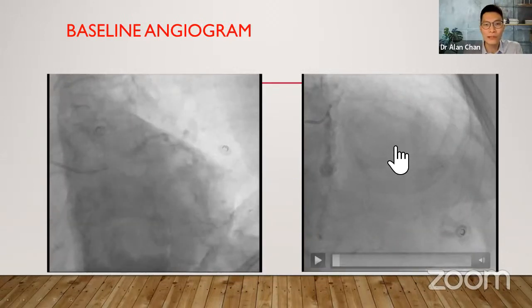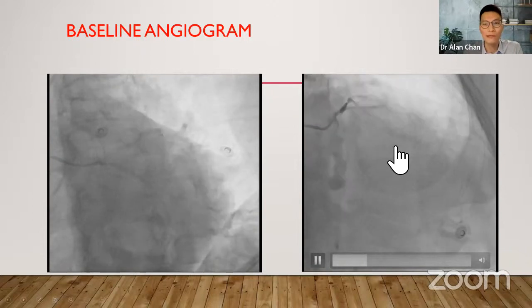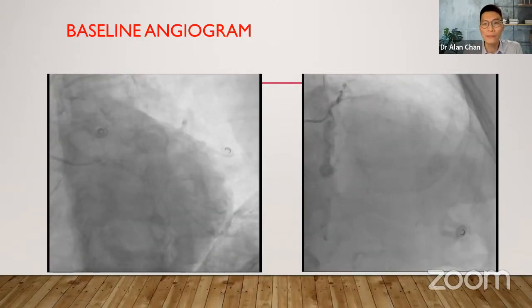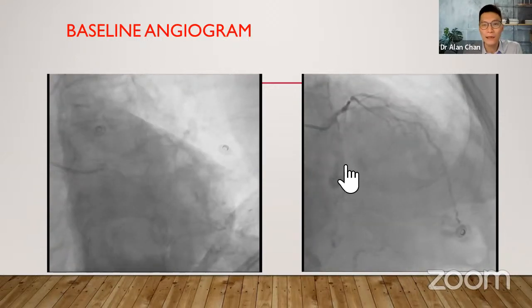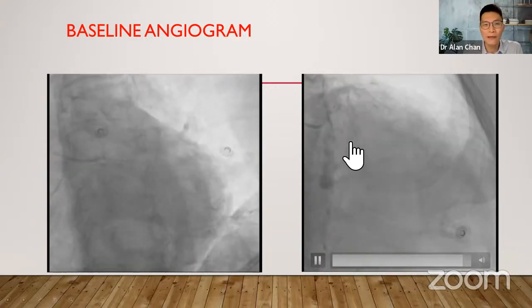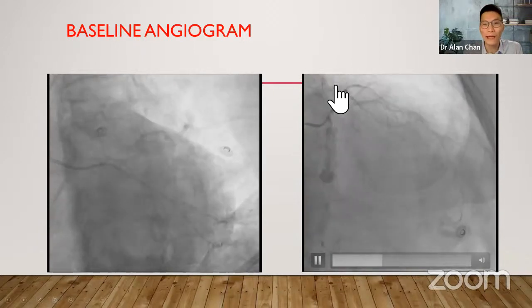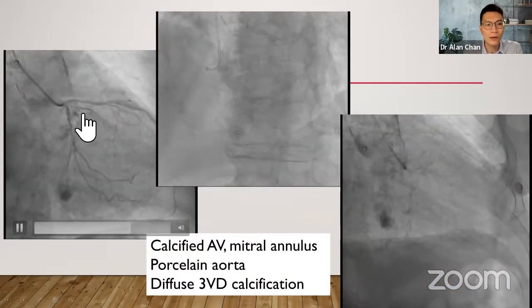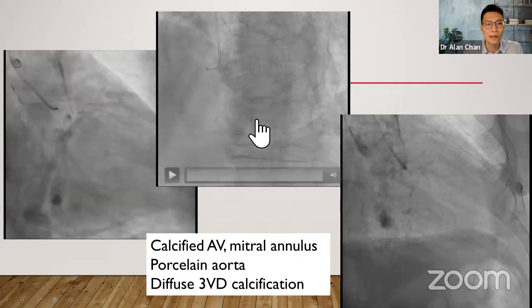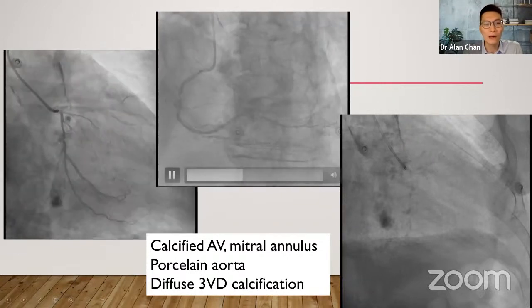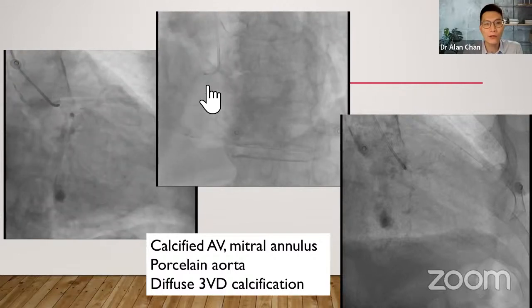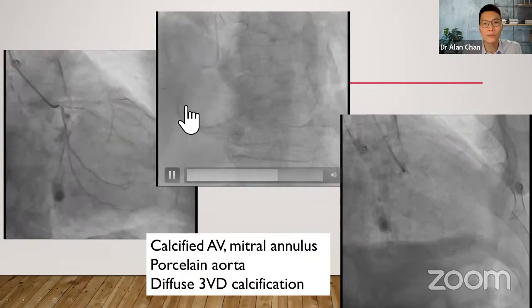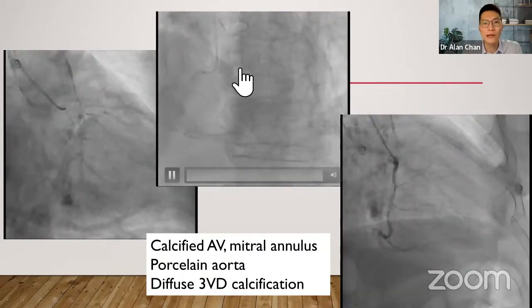This is the baseline angiogram. You can see the diffuse tramline calcification along the left coronary artery system. There are left main bifurcation lesions, and mitral annulus calcification, together with calcification along the aorta. In another view, you can see the porcelain aorta. Again, there is diffuse calcification; apart from the left coronary artery, the right coronary artery also has diffuse eccentric spiral calcification, and you can also see a very calcified aortic valve.